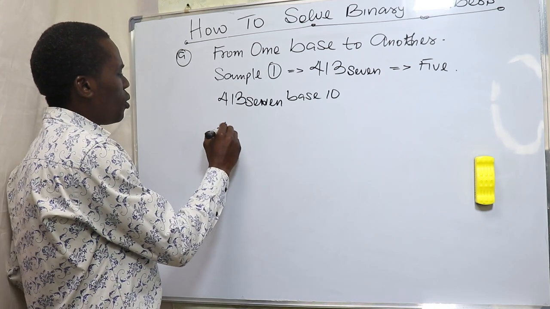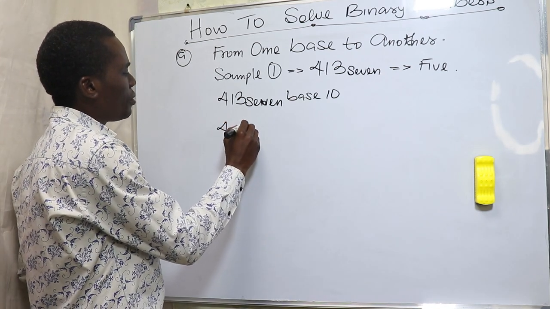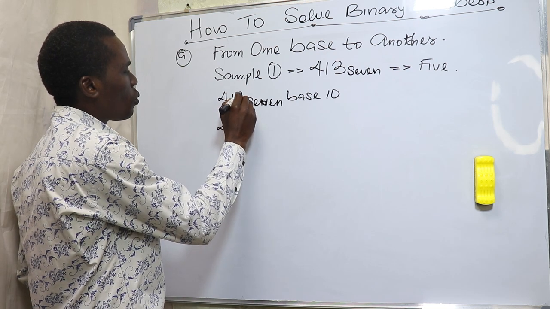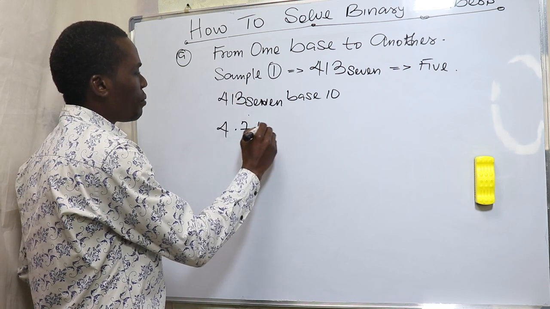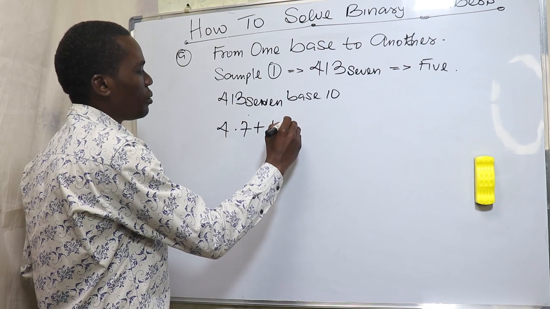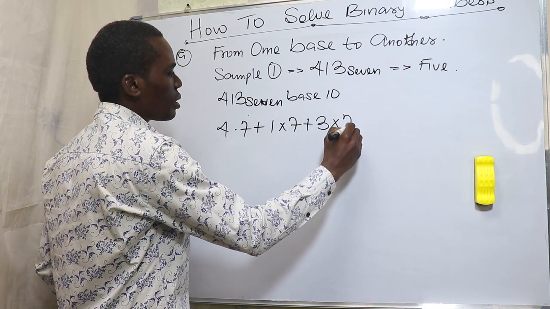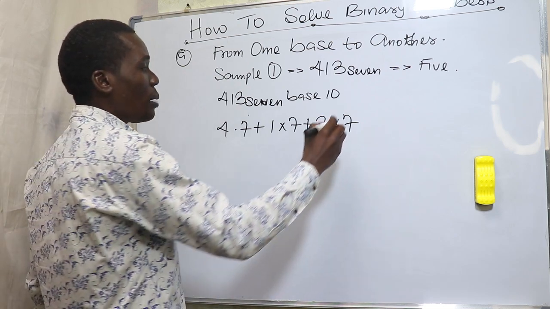We will get 4 times 7 to the power of 2, plus 1 times 7 to the power of 1, plus 3 times 7 to the power of 0.